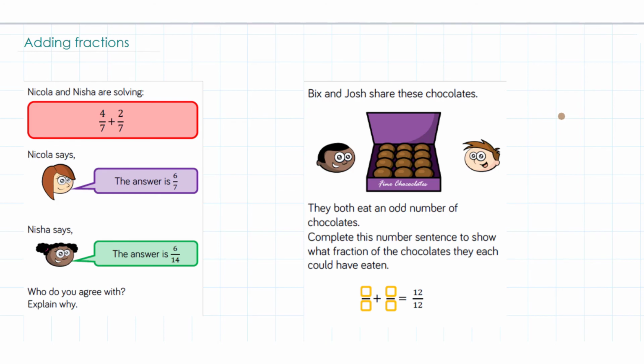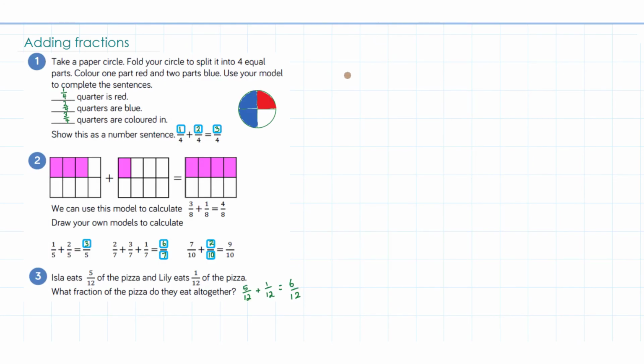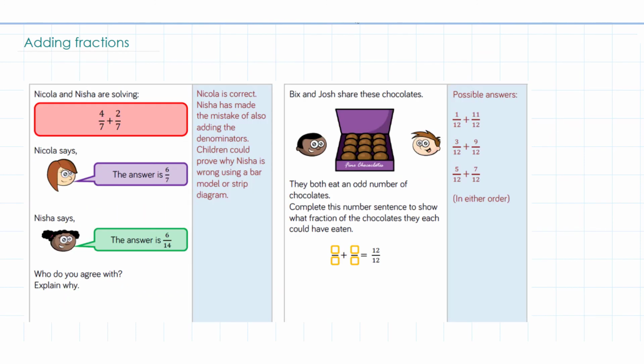I'm going to show you the answers now, so pause if you're not ready for them. Here are the answers for the first 3 questions. Now for number 2, I didn't draw all the models, but the answers are there. And then the problems. Some possible answers. I hope you got on well with those.